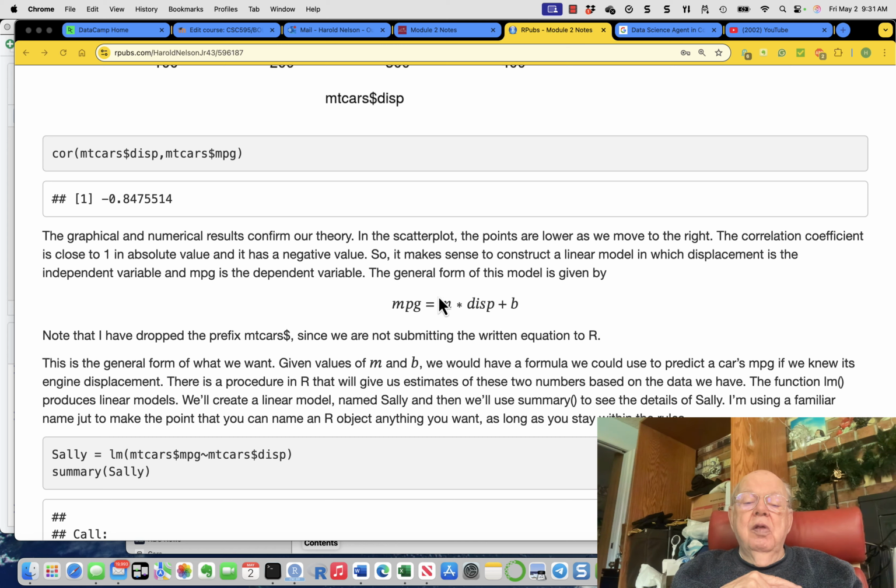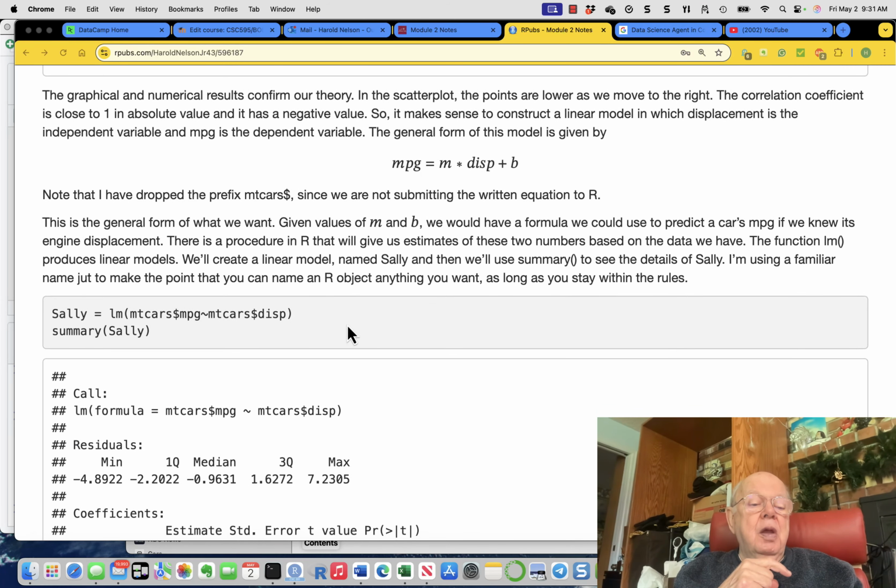In order to get the best possible fitting line to the data, you need a procedure which will give you a value of m and a value of b. M is called the slope, b is called the intercept. And the procedure in R for doing that is called lm, linear model.